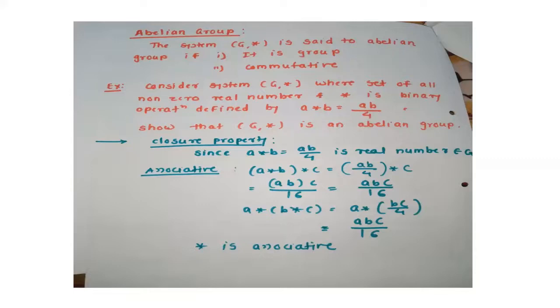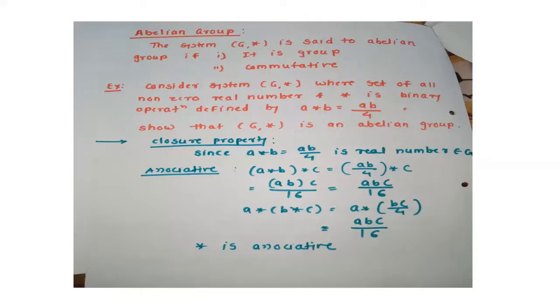Consider the example. Consider a system G comma star, where G is the set of all non-zero real numbers and star is a binary operation defined by A star B is equal to AB by 4. Here we have to show that this G comma star is an abelian group. For this, we have to prove it is a group and it also satisfies the commutative property.